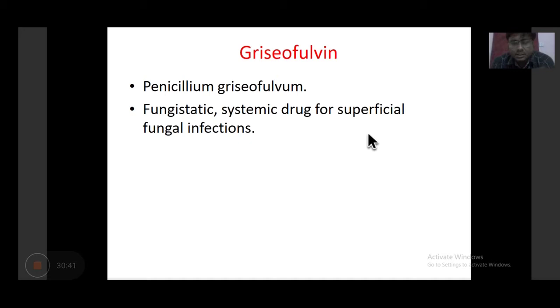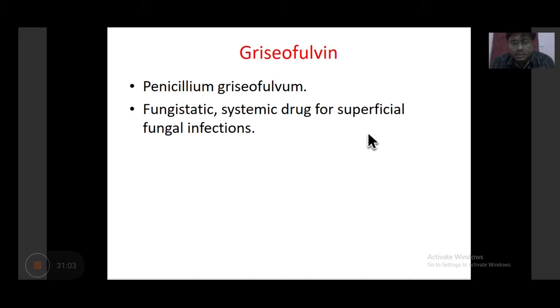Systemic drug for superficial fungal infection means that when you are giving the drug not by topical route to treat superficial fungal infection. For example, there is some skin infection and you are not using topical agents, but you are prescribing the patient to take some drug orally which will treat this superficial fungal infection.